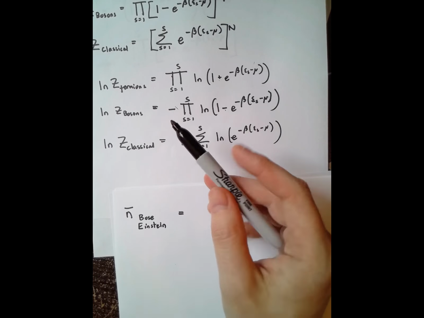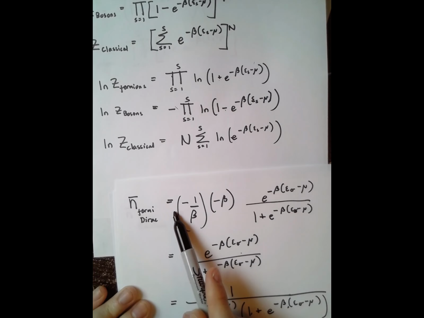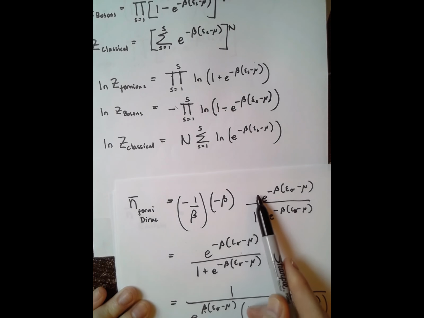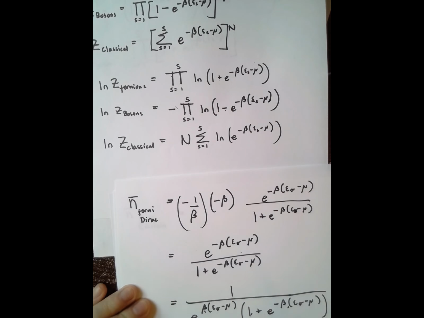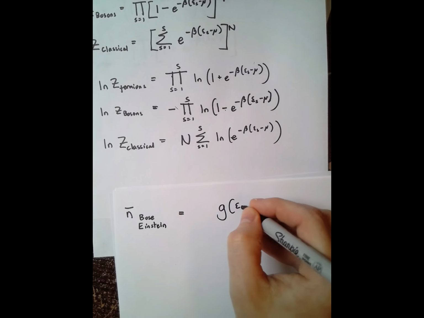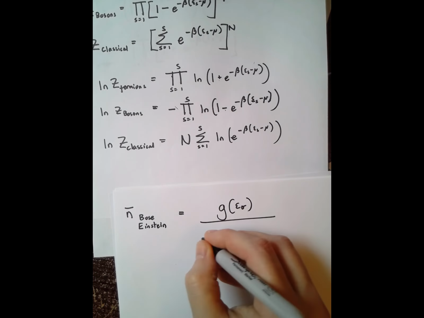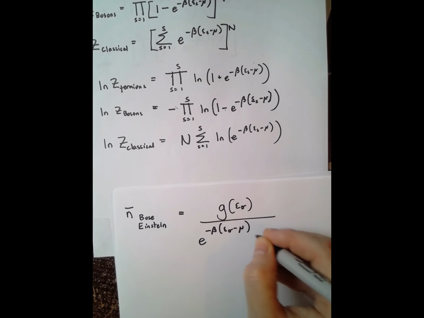So the steps are the same, except I start with a minus outside, I bring in another minus because of the minus here, so those minuses cancel, and I end up with, including the degeneracy factor, e to the minus beta epsilon sigma minus mu minus 1.